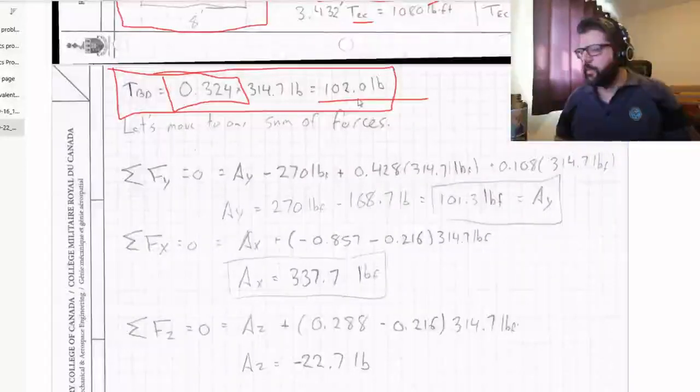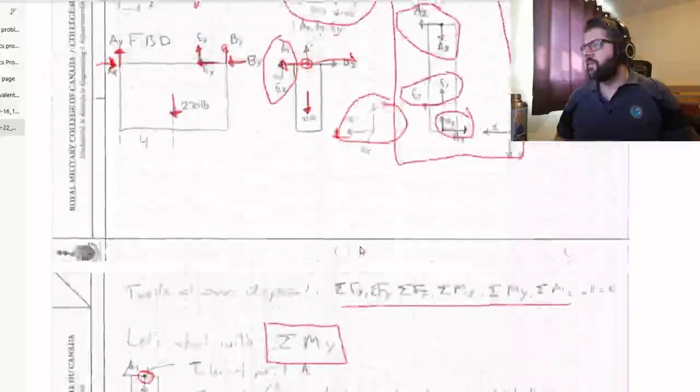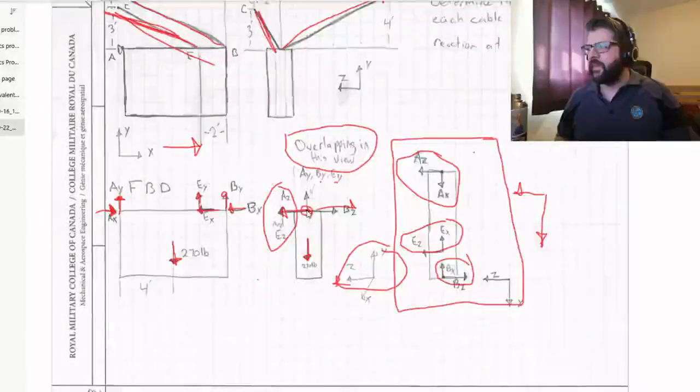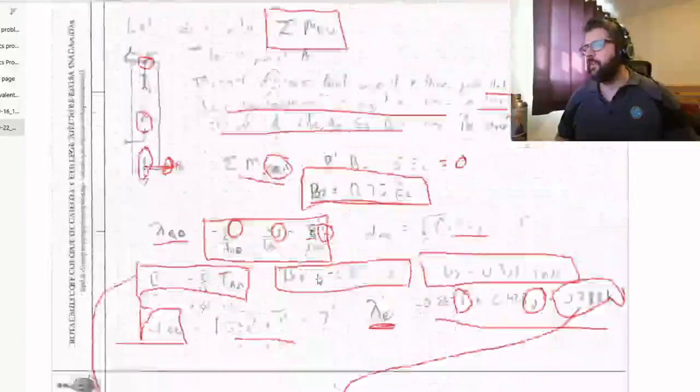So we've taken our moments. Like I said earlier, taking a moment about the x-axis isn't going to be very useful here, because basically everything goes through that A point, or at least if we take it about a different point, it'll be useful, but the calculation will get really complicated and annoying, so let's not do that.